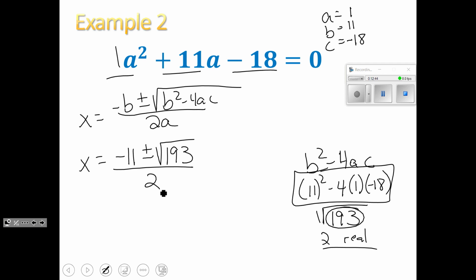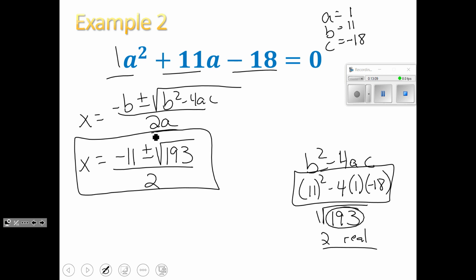So here's what I'm going to tell you right now. You can leave your answer just like this. If it is a perfect square, you got to keep going, like we did in example 1. But if it is not perfect, if you can factor tree it out and simplify the radical, then you want to do that. But I don't think you can factor tree 193 down, so you're just going to leave it.